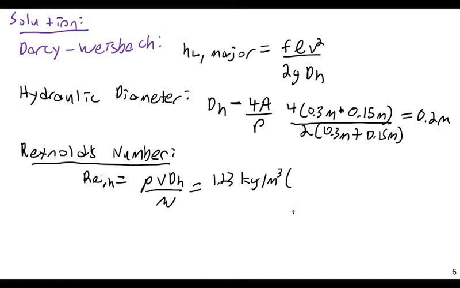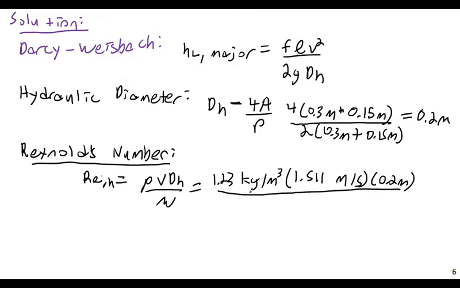let's see, we're given the velocity. No, but we were given the flow rate, so we can very easily calculate the velocity. And if you calculate the velocity, you will find that it is 1.511 meters per second times 0.2 meters.